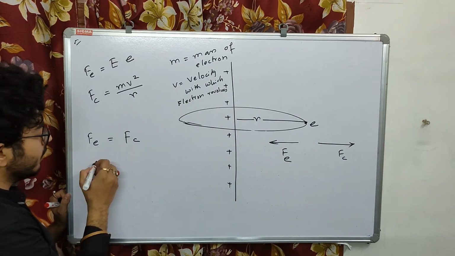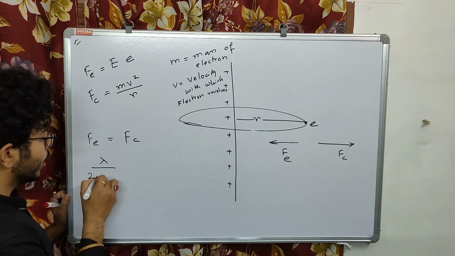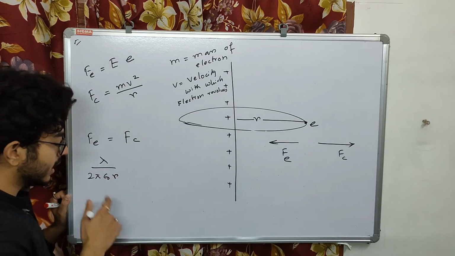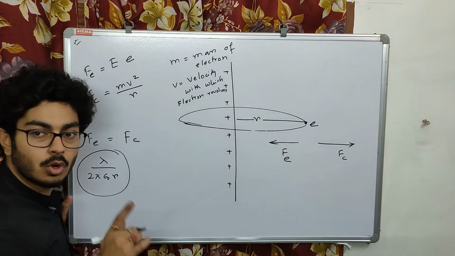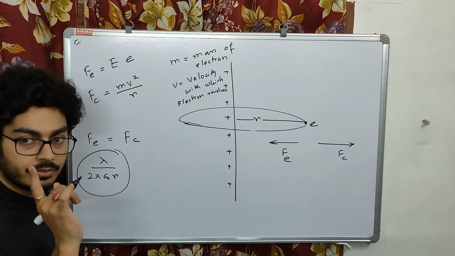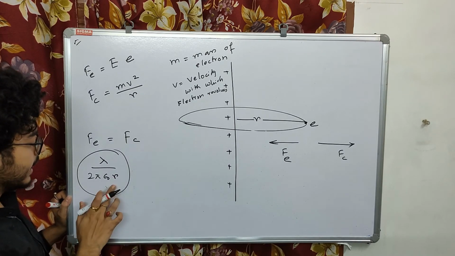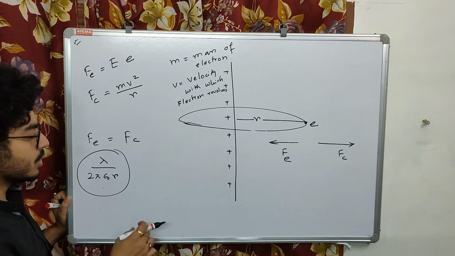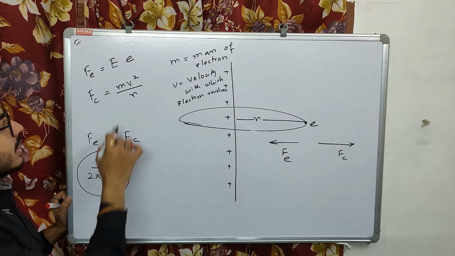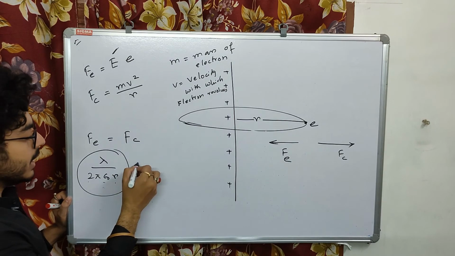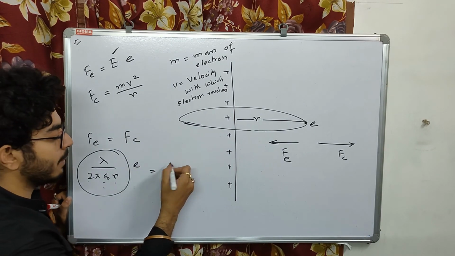Fe will be the electric field due to the linear charge distribution, so lambda by 2 pi epsilon naught r. This formula we have got from the application of Gauss law. If you remember, I have given a video on this. If you have gone through that video, you will understand that the electric field due to this linear charge distribution is lambda by 2 pi epsilon naught r. Multiplying by the electronic charge, this equals mv square by r.